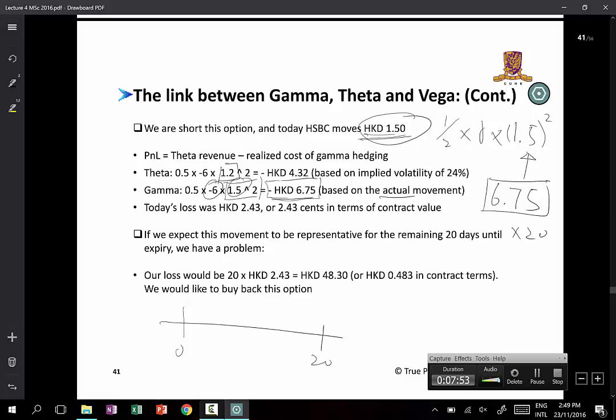Your assumption is that if this state of affairs actually continues, if you keep getting $1.50 of movement a day, then over the entire period you will be making $135 for every 100 shares. Now, from the option seller's point of view, they get paid this amount here, 432, and they end up looking at a loss of 675. So the net loss actually is $2.43.